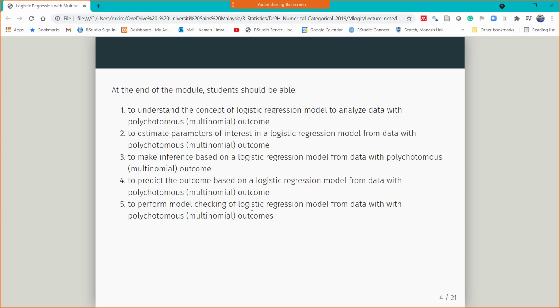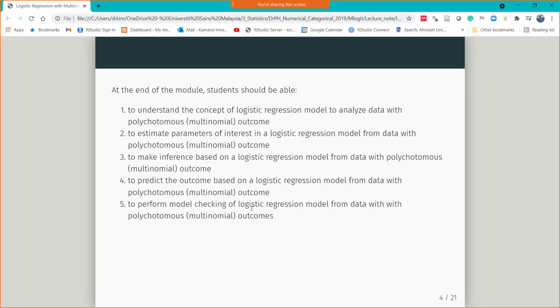So if you remember, most of the tasks for the course include, number one, do estimation, which means we estimate beta, standard error, usually beta and standard error.